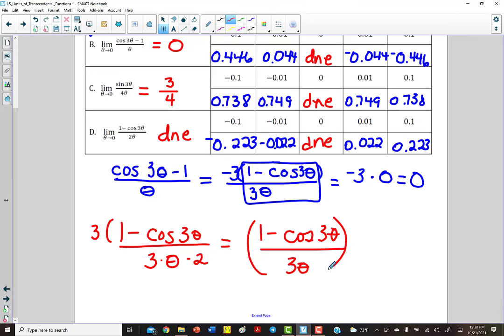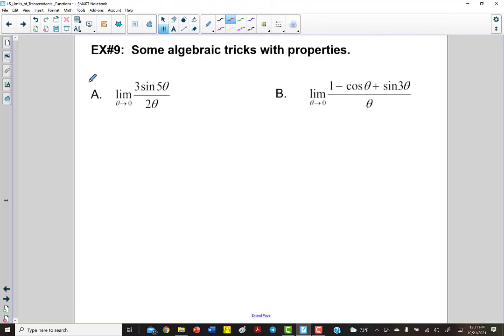So this limit is 0, and I have a 3 over 2. So this limit of 0 times 3 over 2 is also going to give me a 0. And that's the reason we said you need to be able to analyze. So one of the tricks to these trig identities is just to be able to analyze, even though you had a table. Now, if you had a graph, it would be easy to see from the graph that they were heading to 0.